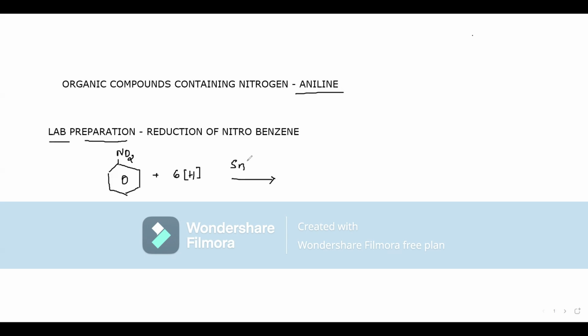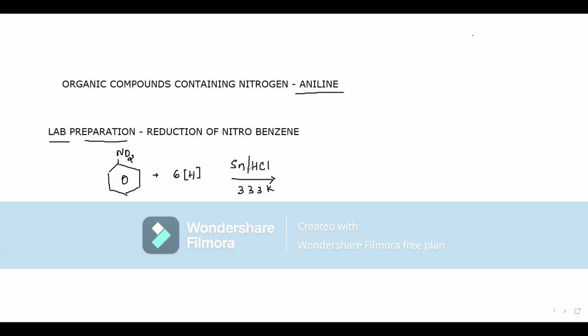Let me choose tin in HCl, metal tin in HCl at around 333 Kelvin. It's fine if you cannot remember the temperature, just a delta will be enough. Just show that it is heated.